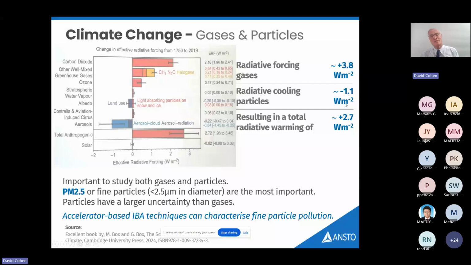So now with the gases and the particles in these models, we're getting closer to predictions that we can believe and are more robust and more consistent. So the important thing is understanding the aerosols a little better. And it's the accelerator-based ion beam analysis techniques that can characterize fine particle pollution. And if you're in Asia, you'll understand fine particle pollution.